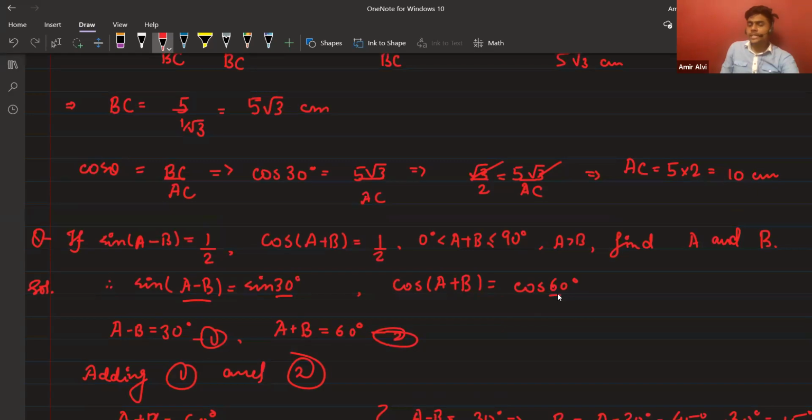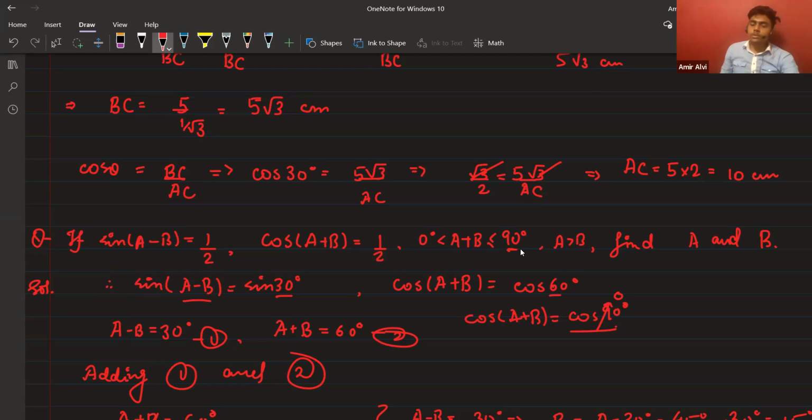We can have cos 90 as well if we equate it to 0, right? Yes, sir. So they can only be equal to 90, not greater than 90, because as you already know, one angle is already 90 in trigonometry, and the sum of the other two angles would get greater than 90.